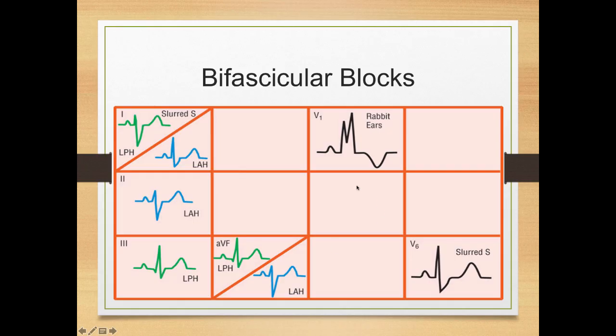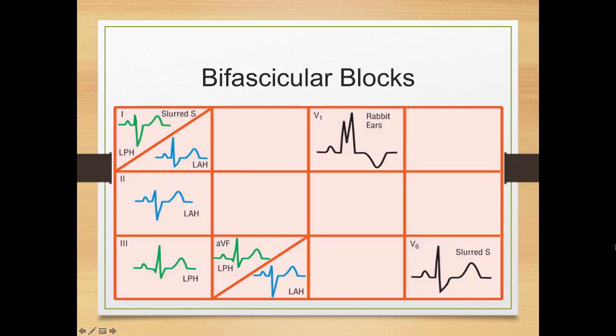Or left pathologic axis deviation. So lead 1 is up, AVF is down, but lead 2 is down, is negative. So I'm going to have right bundle branch block with findings of right axis deviation or left pathologic axis deviation.